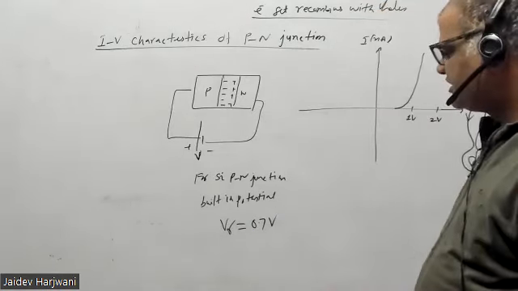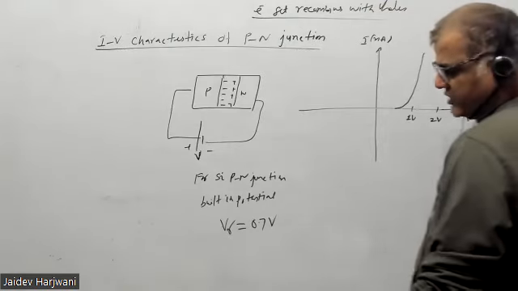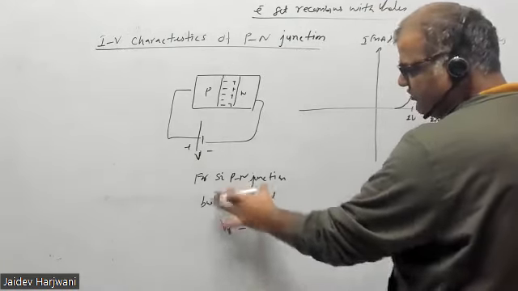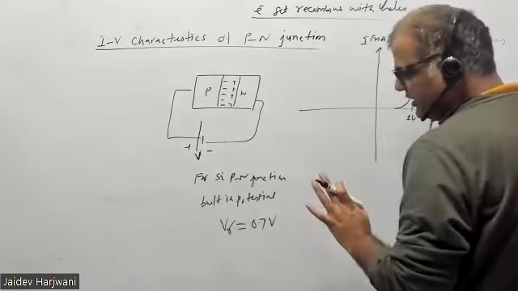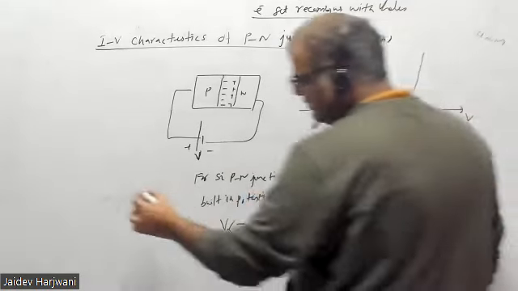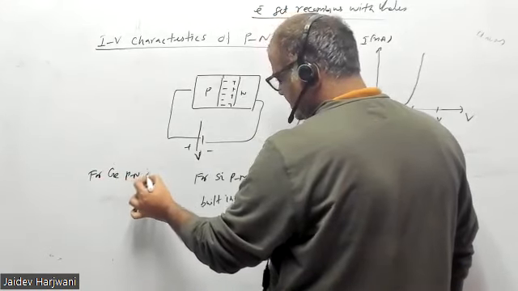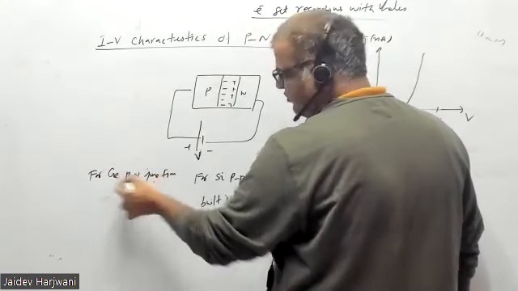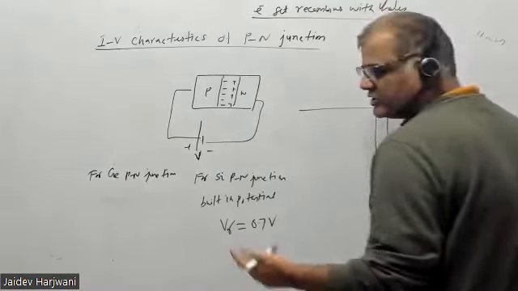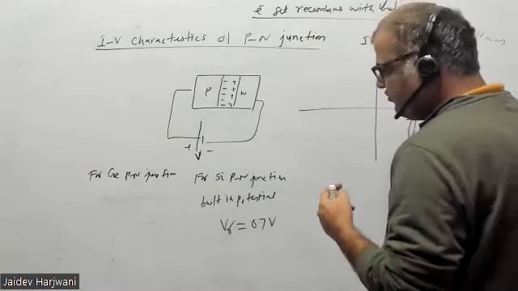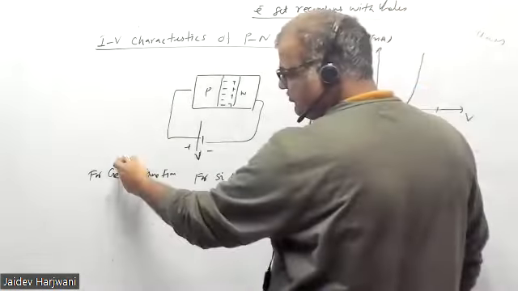Built-in potential is 0.7 volt if your junction is made of silicon. For a germanium p-n junction, of course impurity will be added, but the host material is germanium, which is also a fourth group element.